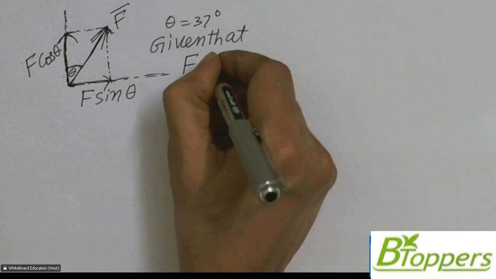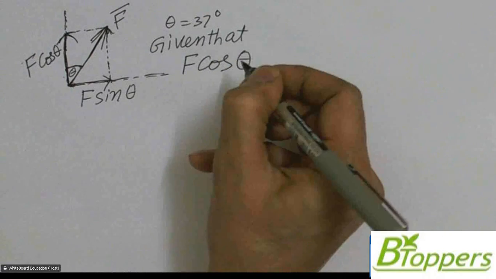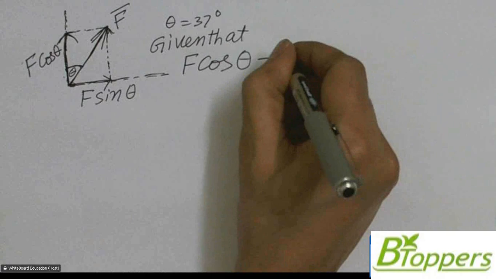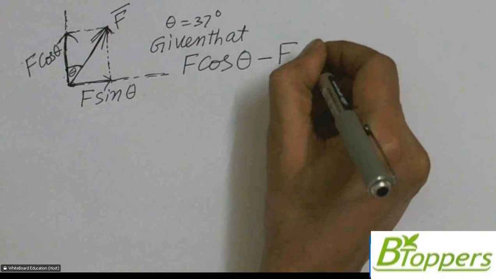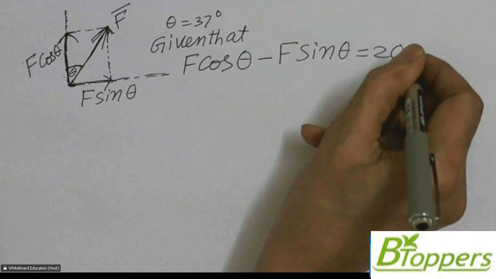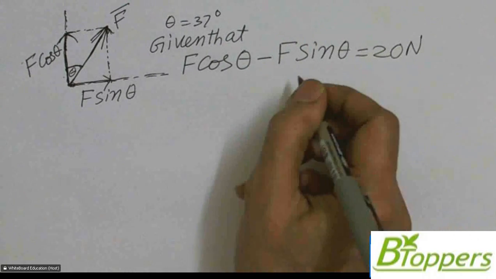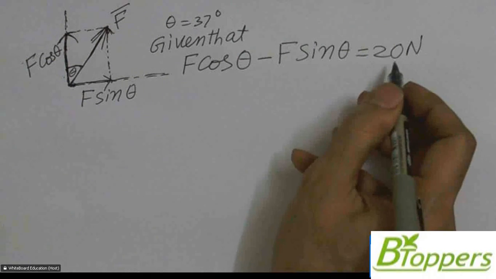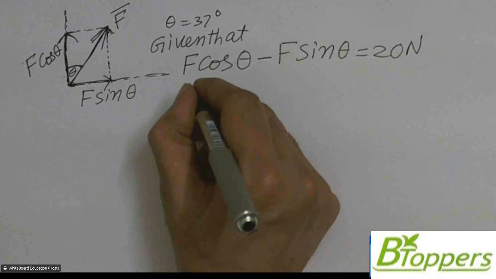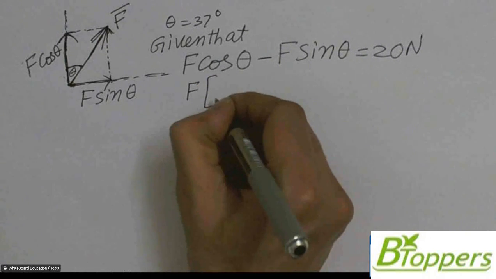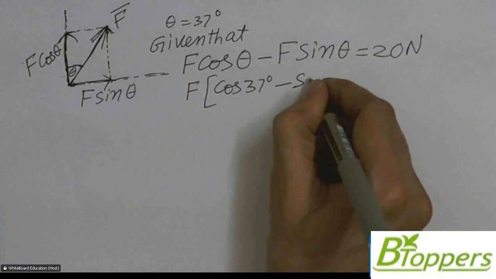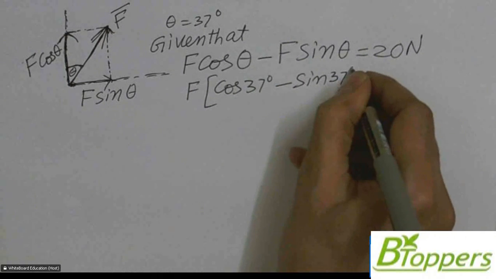That means magnitude of the vertical component is F cos theta, that is more than the magnitude of the horizontal component by 20 Newton. That means F cos theta minus F sin theta equal to 20 newtons. Here theta is given to be 37 degrees. You can take F common here.